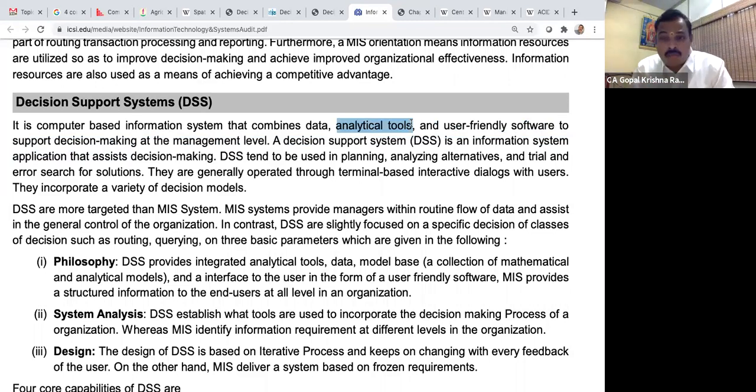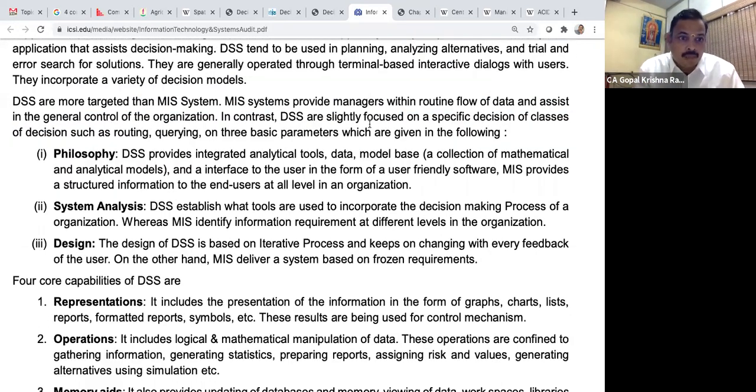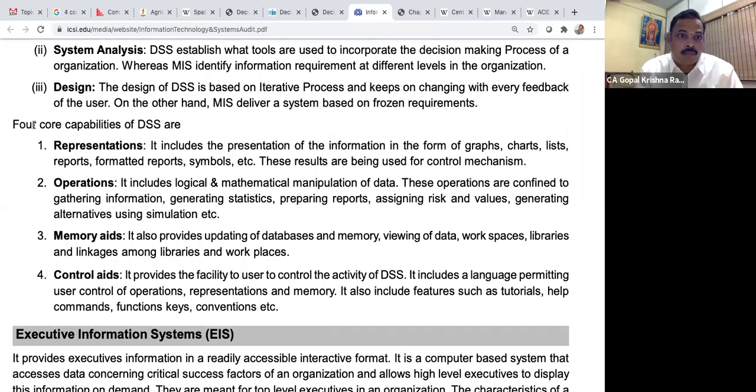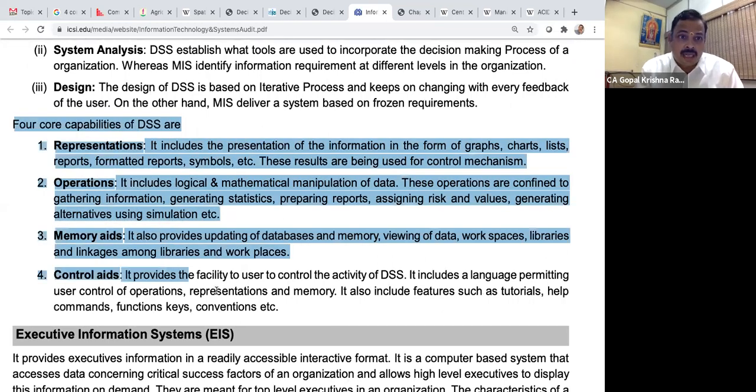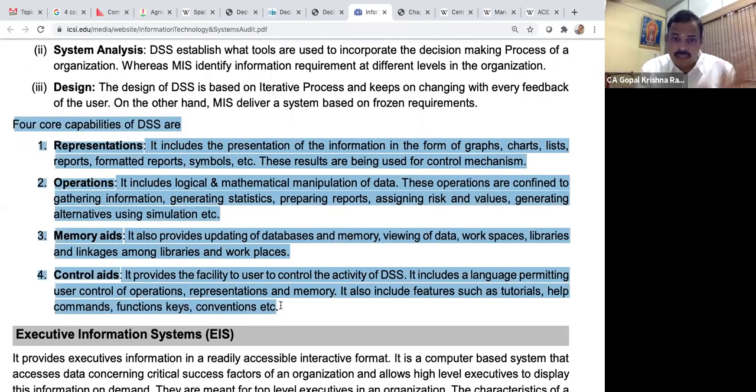That is your intellectual property. So data, user-friendly software, the model, and the other guy, the user. These are the 4 components. Please look at this. What are the 4 core capabilities of DSS? Representation, operation, memory aids, control aids. They are giving some stuff, please read this.